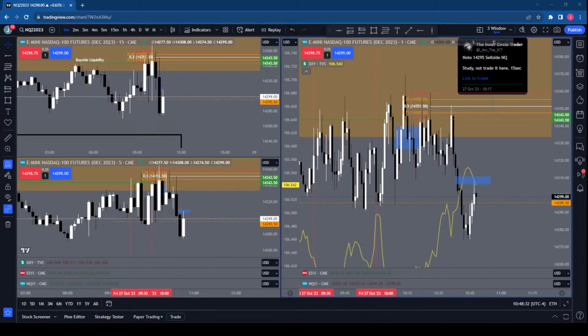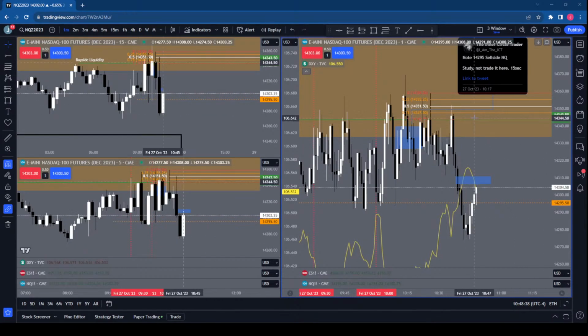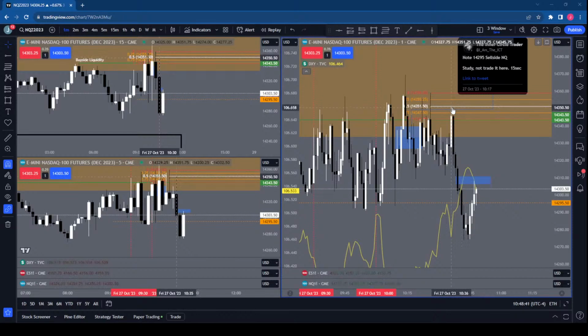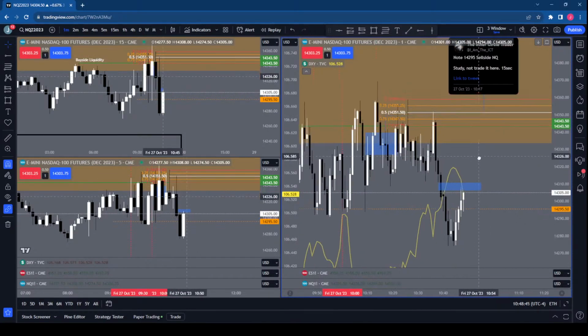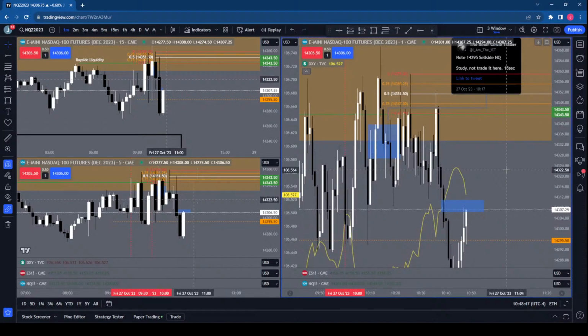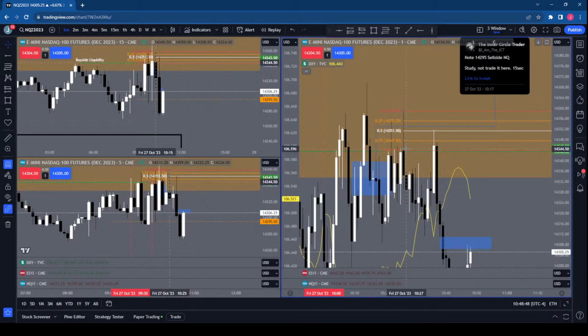It's kind of hard to read from the picture he posted, but he entered at 14,345. 14,345. So that is in between, right here.